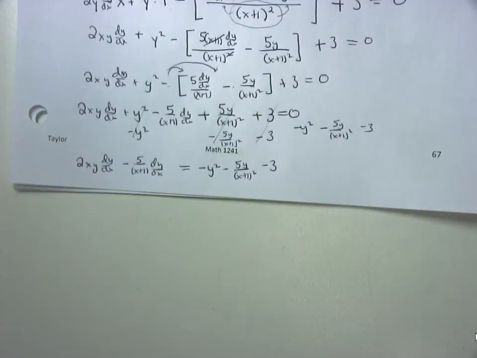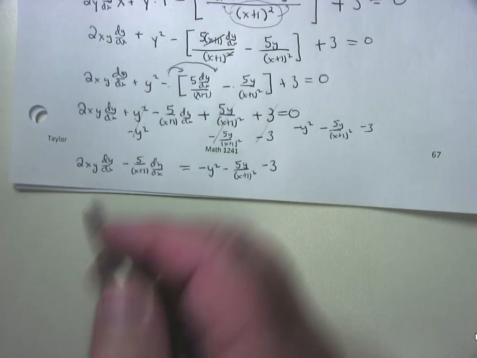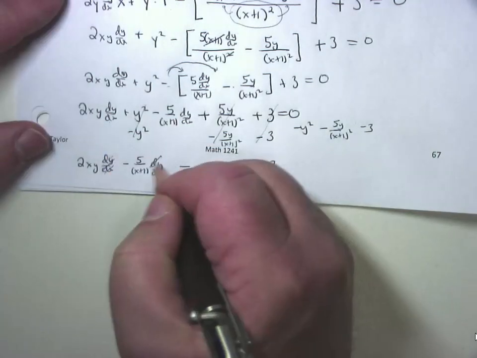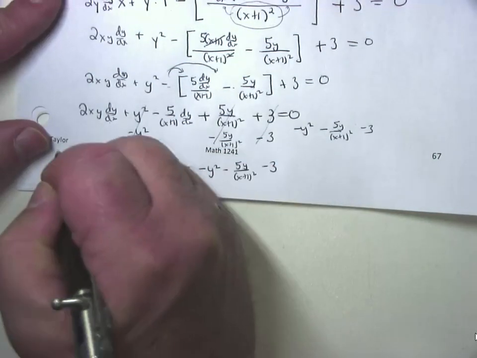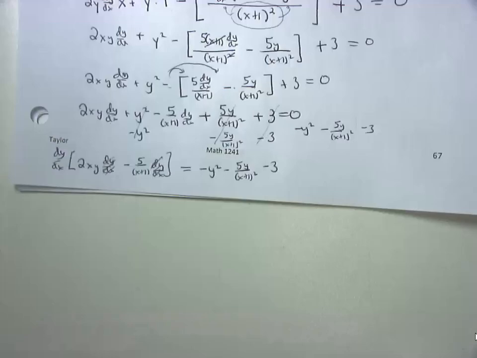Did I lose you guys anywhere? Now I'm getting all the terms with dy dx on one side and the non-dy dx terms on the other. What's my next move? Factor. I'm running out of room on this one, so I'm going to do the famous factor thing like I was at the blackboard. I'm going to mark through it, put brackets around it, and watch. I pulled out the dy over dx. There we go, I factored it out. Now what's my last move? To divide.